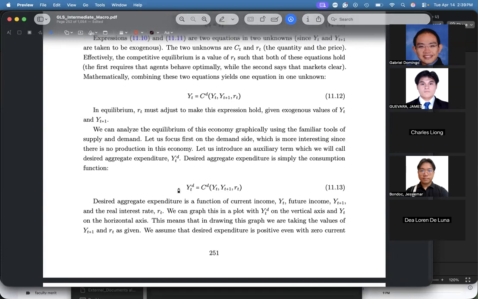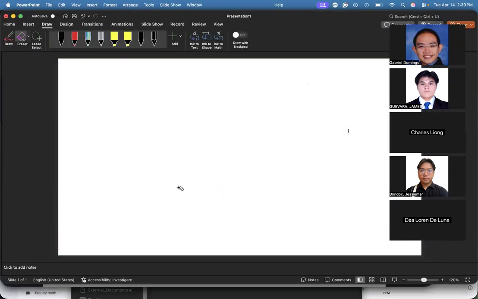I'm now going to shift to the PowerPoint here, and I'm going to try to simplify the exposition a little bit, but feel free, of course, to read the book. Ultimately, if I can summarize what's going to happen, guys, you've got Y supply, which is your endowment, just a number, equals Y desired.